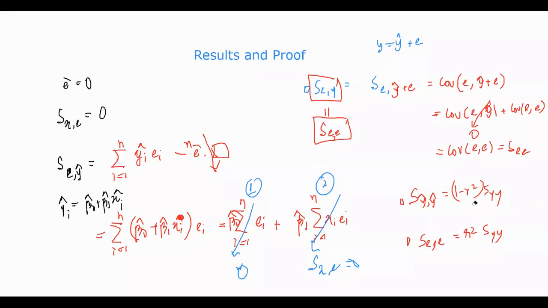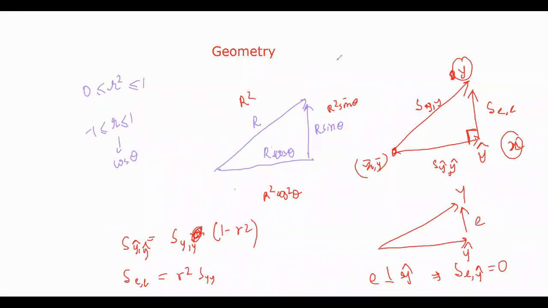So y hat is actually r square, and this is 1 minus r square. And it makes sense. This is cos square theta. Essentially r square is this, because r is cos theta, remember this, and this is 1 minus r square.